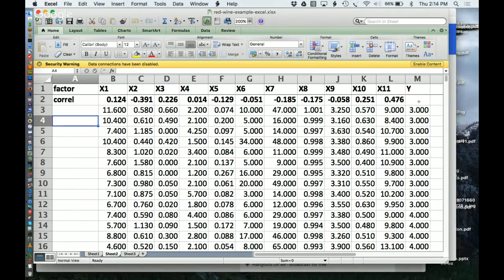Now, just for fun, I used Excel's correlation function for each factor to look at how strongly correlated it was with our Y. So you can see here, factor 11 has a correlation of 0.47 with quality.